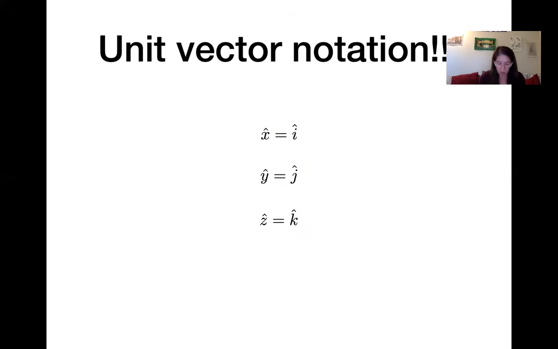So just know that whenever I say I hat, I mean X hat. Whenever I say J hat, that's Y hat, and K hat is Z hat. And I probably will sometimes go back and forth between the 2. Hopefully that's okay with you. And it's actually, again, a really good thing to know because depending on what source you're looking at, what textbook you're looking at, they might use X or I.